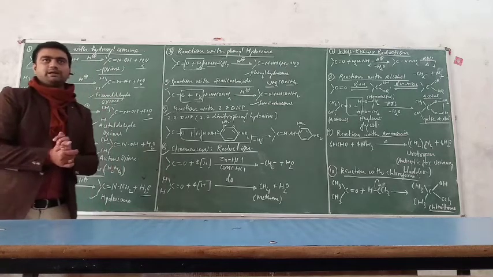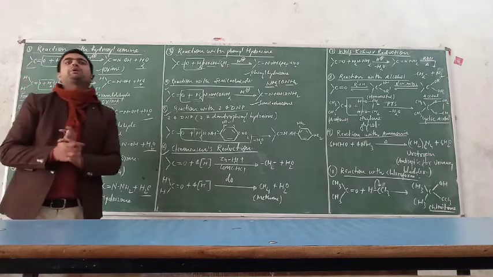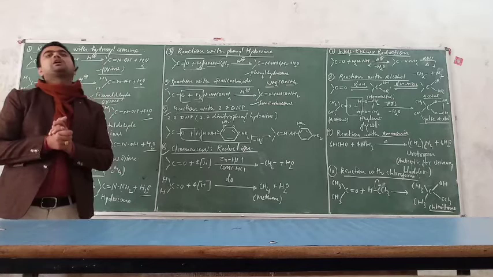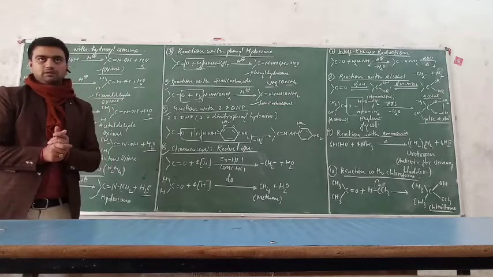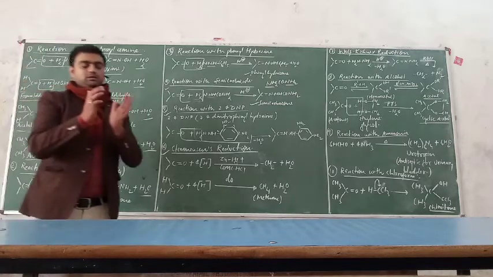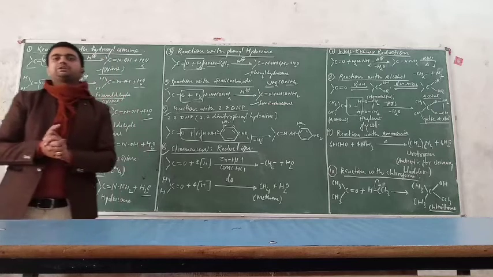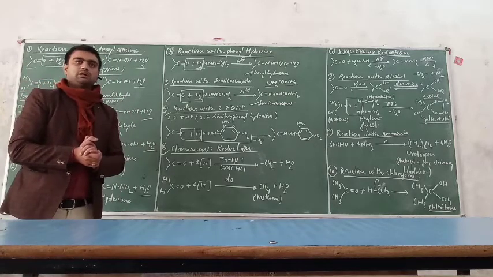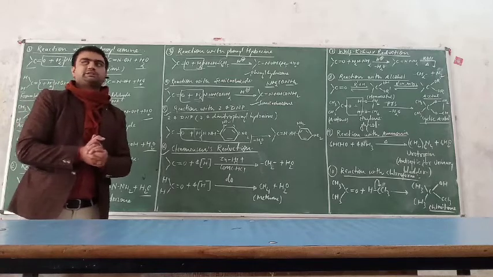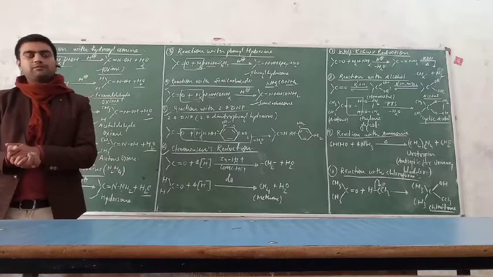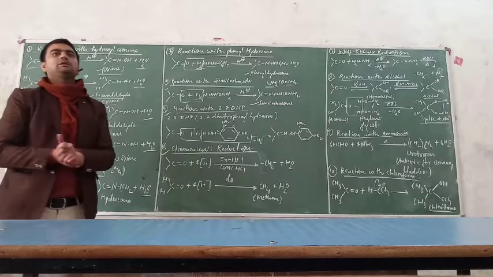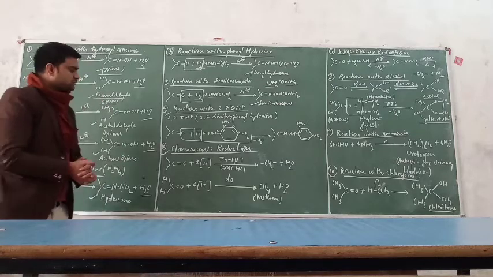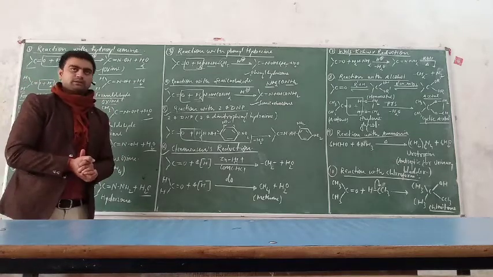You will write here that when the carbonyl compound is treated with zinc amalgam and concentrated HCl, the carbonyl compound changes into the methylene group after the removal of a water molecule, and the reaction is known as Clemmensen reduction.